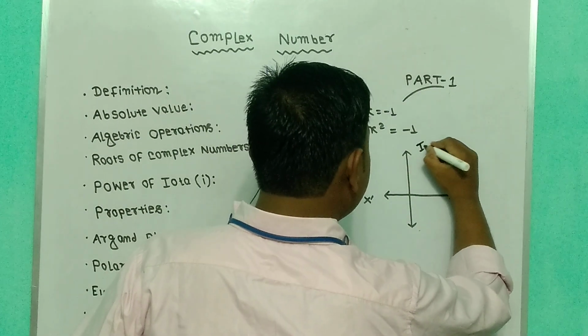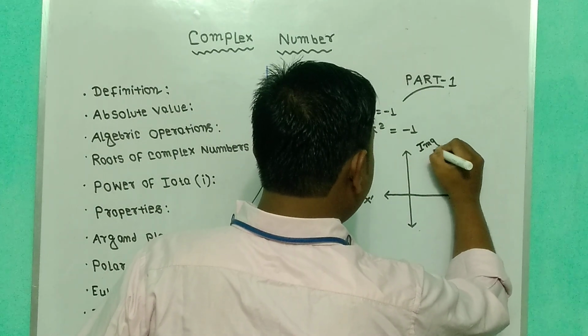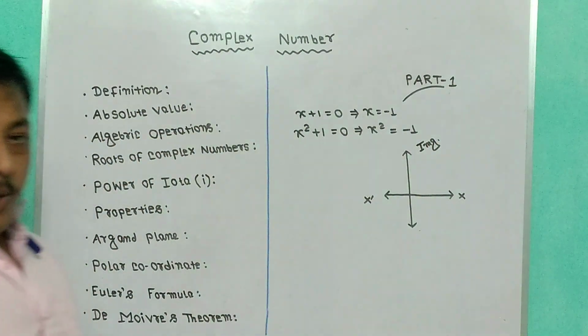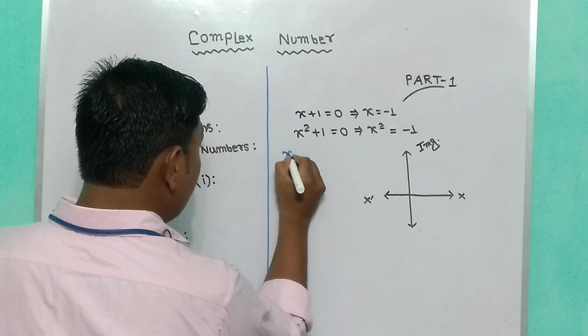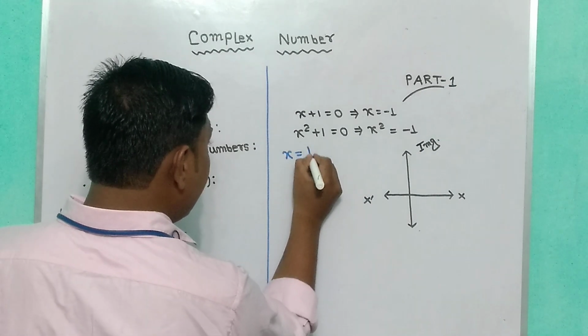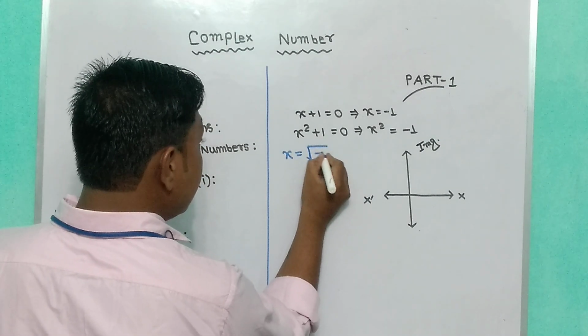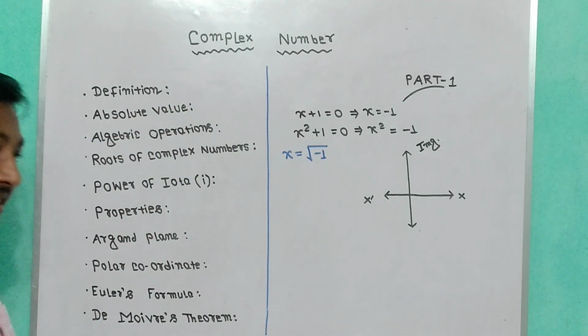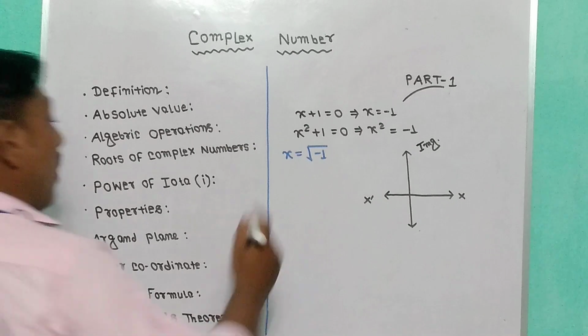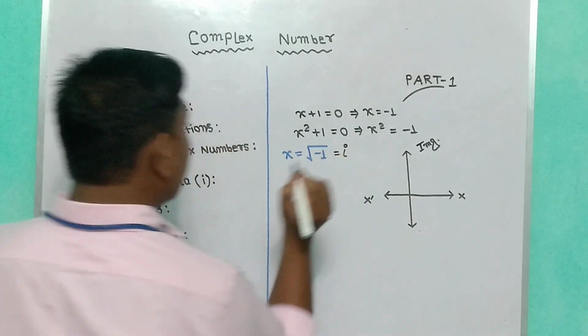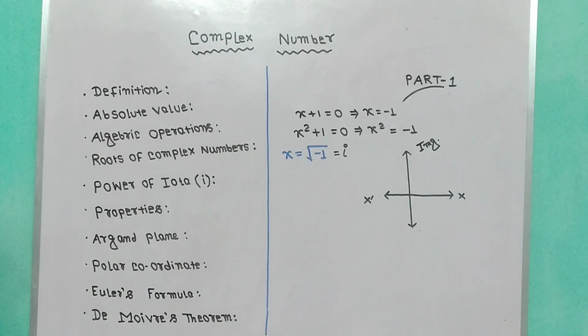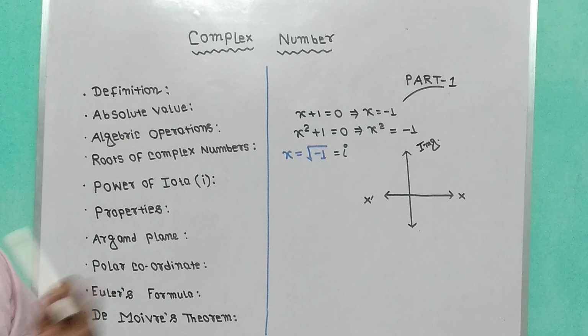Why imaginary? Because see, x square equals to minus 1. That means we can write x equals to root under minus 1. Clear? So what is the meaning of that? This is the meaning of iota. So this is the basic definition of the imaginary unit.